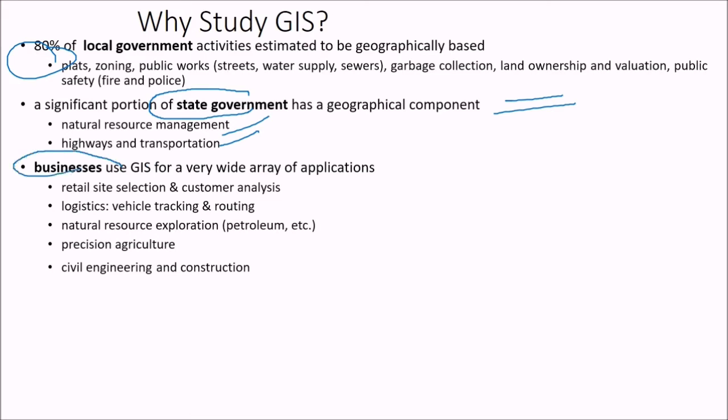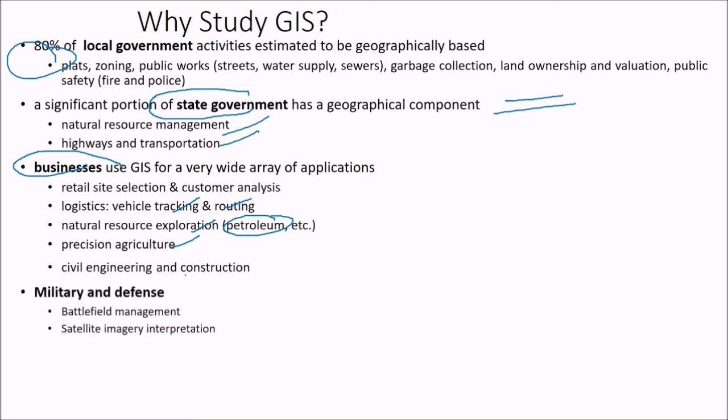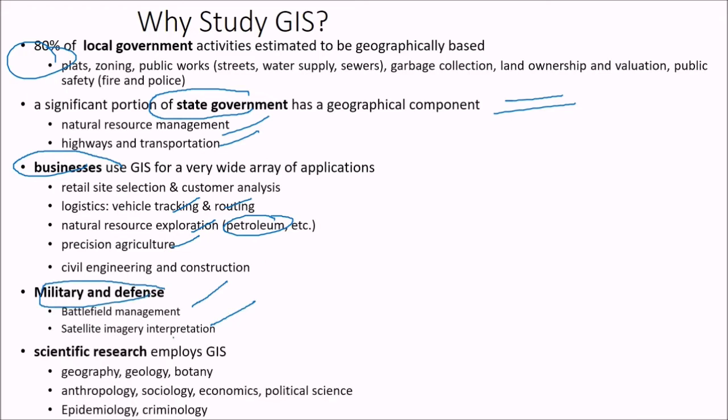The businesses also use GIS for retail site selection, customer analysis, vehicle tracking, routing, natural resource exploration for petroleum, precision agriculture, civil engineering and construction. All these would want GIS to be there. And also battlefield management, satellite imagery interpretation in military and defense, and scientific research for geography, geology, botany, and many other sciences require GIS.